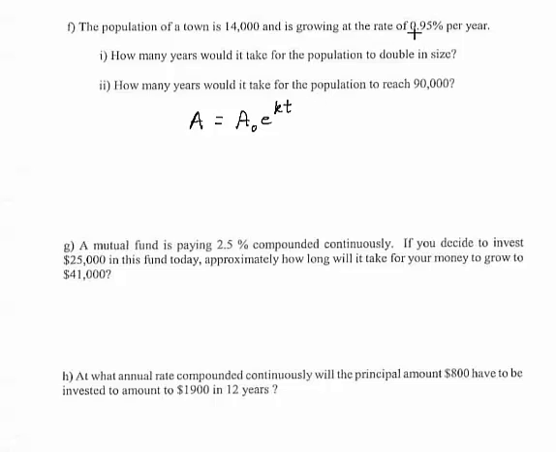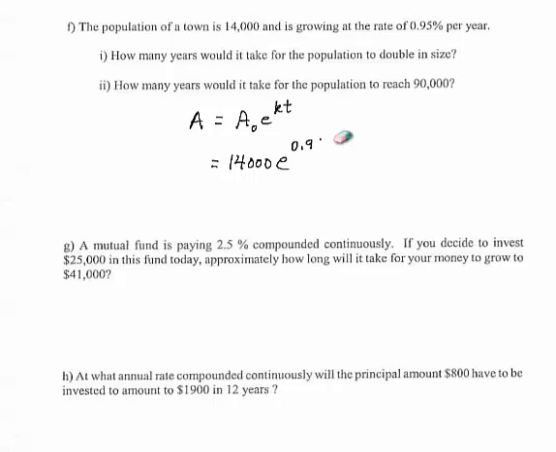So we have a slow growth rate here, 0.95%. We take this general form of our growth equation and put in our new values for A, A naught, and k, the rate. The population of our town starts out at 14,000, so our starting value A naught is 14,000, times the exponential function.